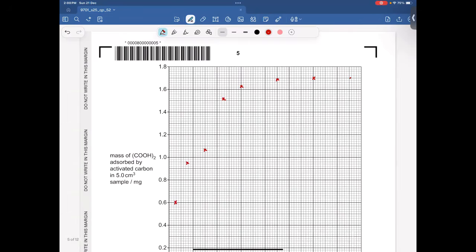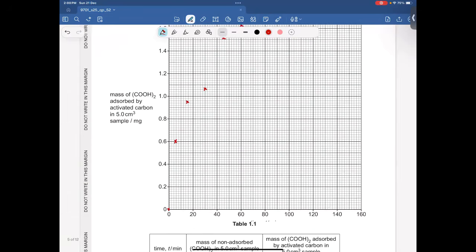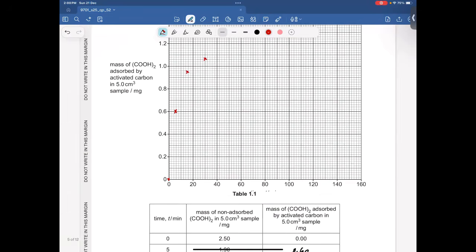This one. So this is the curve of best fit.